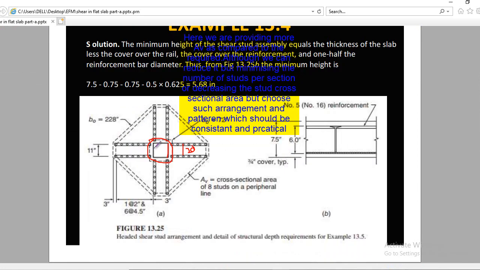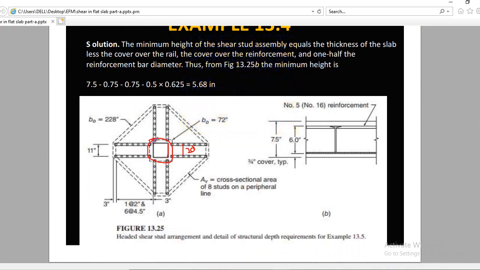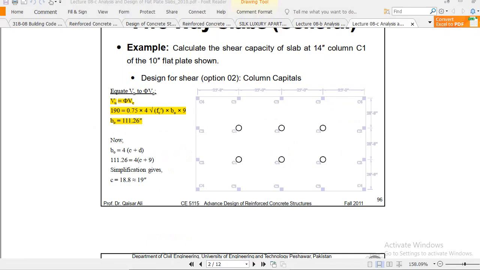And you see here in one peripheral line we provide 8 studs: 1, 2, 3, 4, 5, 6, 7, 8. So this is more than that value, so we are safe here.